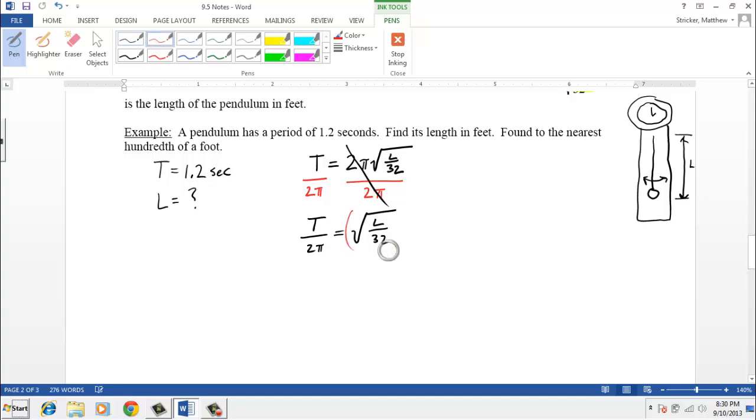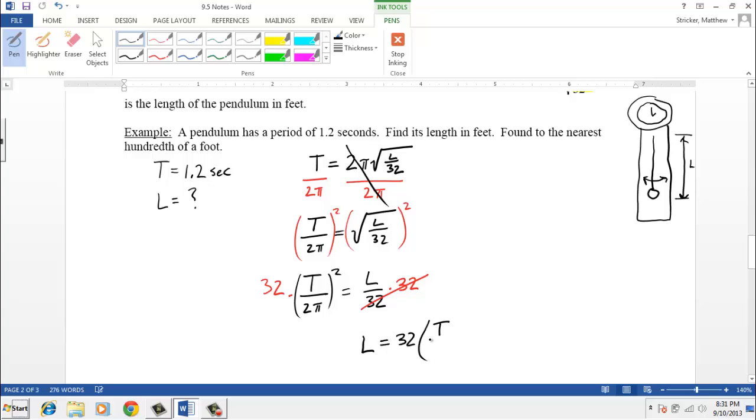And then we have to get rid of the radical, so we of course square, which gives us (T over 2 pi) squared equals L over 32. And lastly, to get L by itself, we multiply both sides by 32. The 32's cancel, and we get L equals 32 times (T over 2 pi) quantity squared.